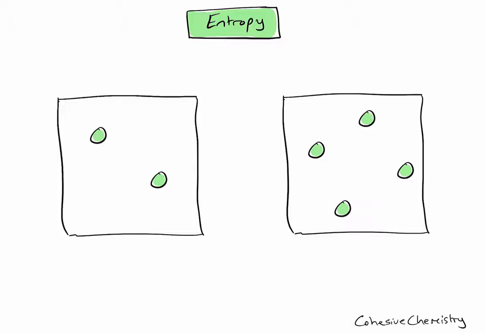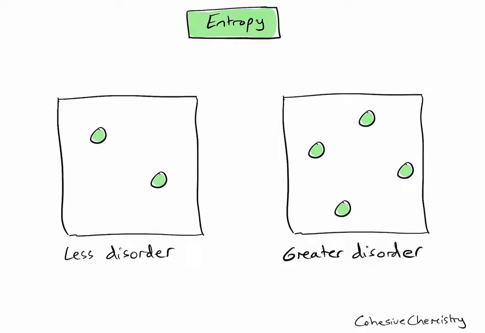And given that in the right-hand box there are twice as many particles, there are going to be many more possible arrangements in that box compared to the box on the left. Meaning that the box on the right will have a greater level of disorder than the box on the left.